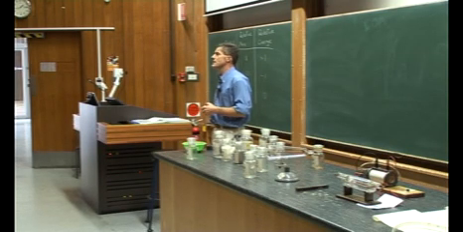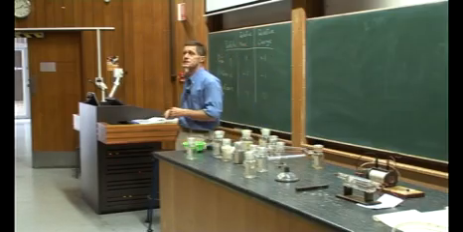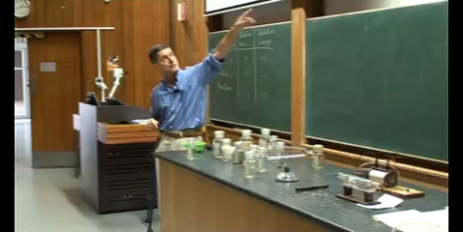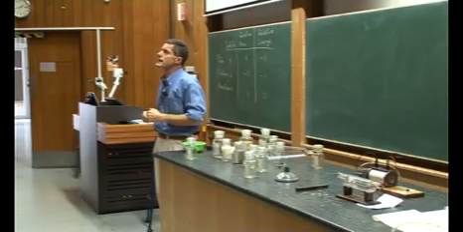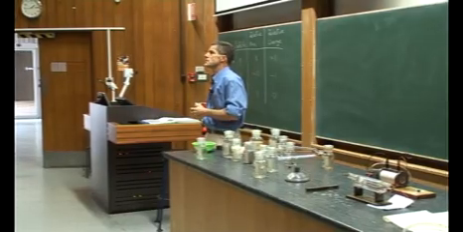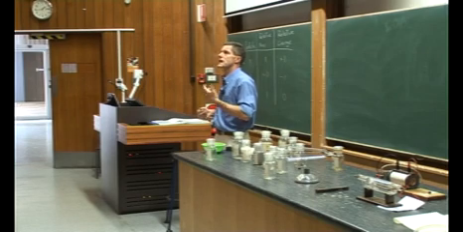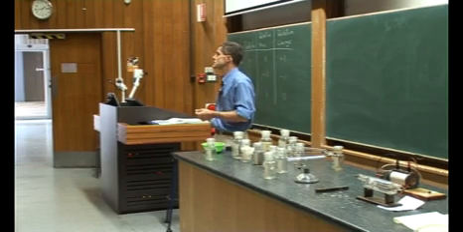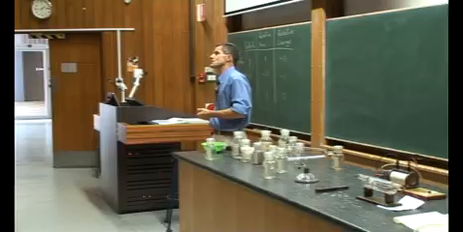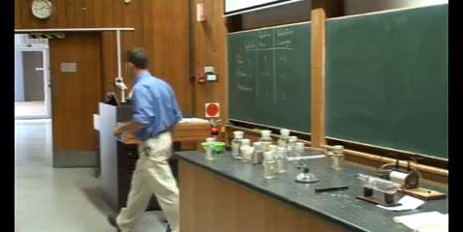The atomic number in your periodic table is the one that's above the symbol of the atom, and that indicates the number of protons in the nucleus. So something like carbon, atomic number 6, has 6 protons in the nucleus. Uranium, atomic number 92, 92 protons in the nucleus, and so on.